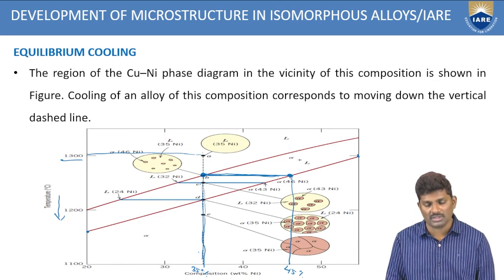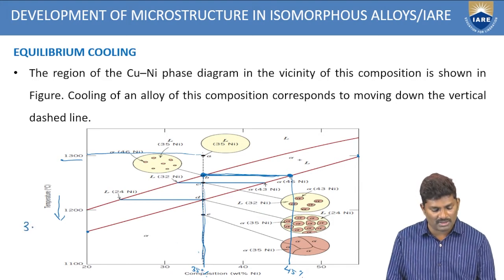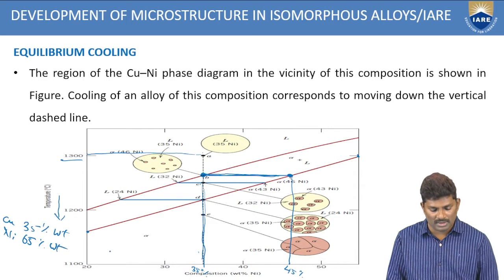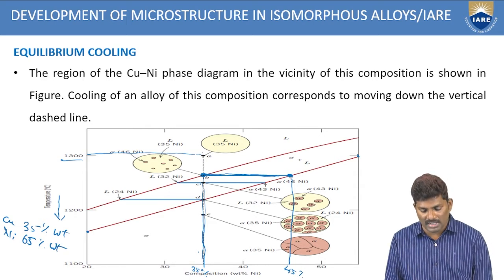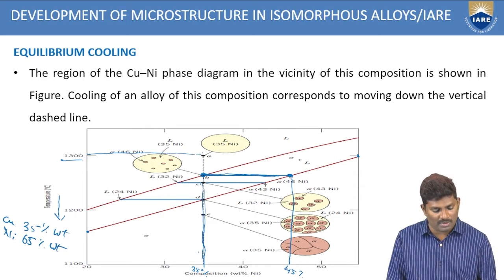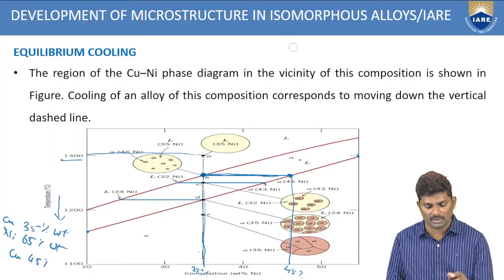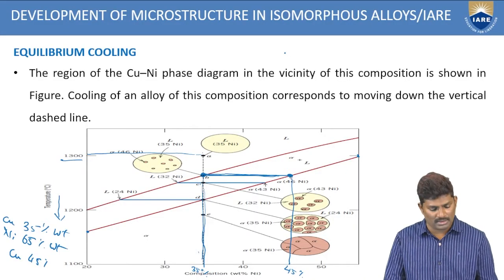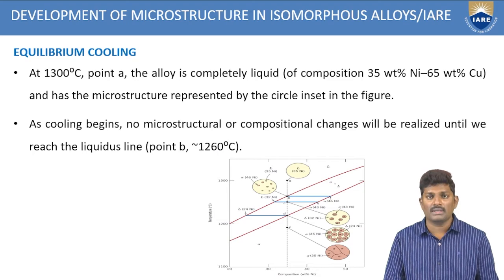If it is 35% of copper, nickel should be 65. If 35% of copper weight percent is there, nickel should be 65% by weight at this point. Similarly at this point, if copper is 45% by weight, then the nickel should be 65.